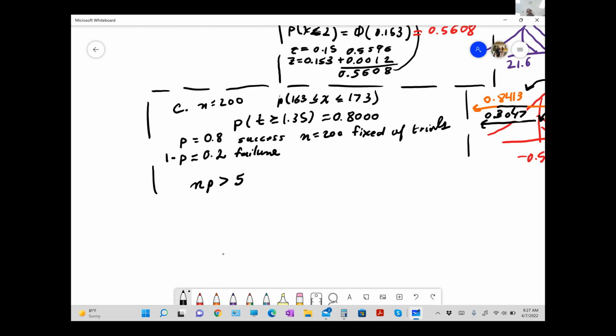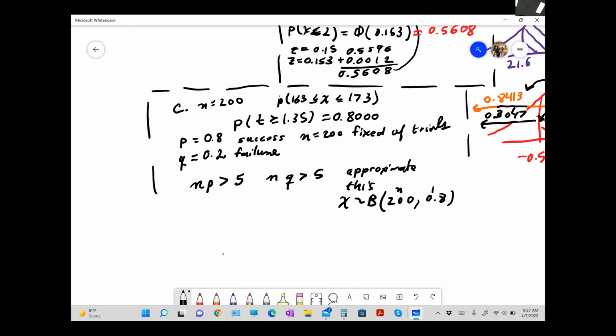They're using 5. They want to say if N times P and N times Q are both greater than 5, I can approximate this binomial distribution, with an N of 200 and a P of 0.8, by a normal distribution.